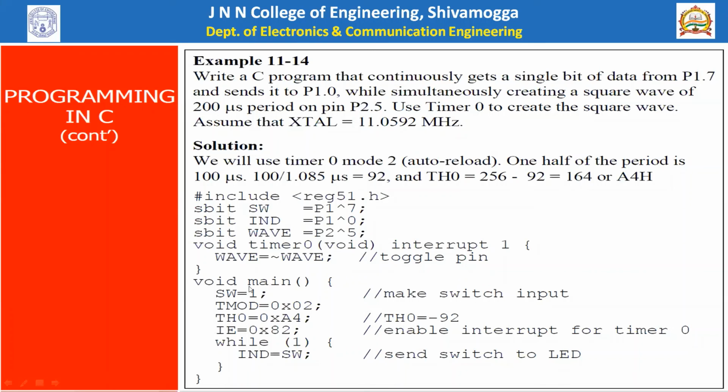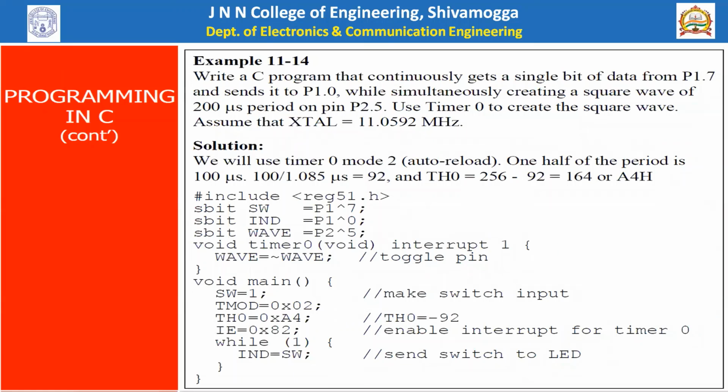Then make the switch SW as 1. You are making P1.7 as 1, which means you are defining that P1.7 as an input pin. You know that making a particular line 1 means you are defining that port as an input port.